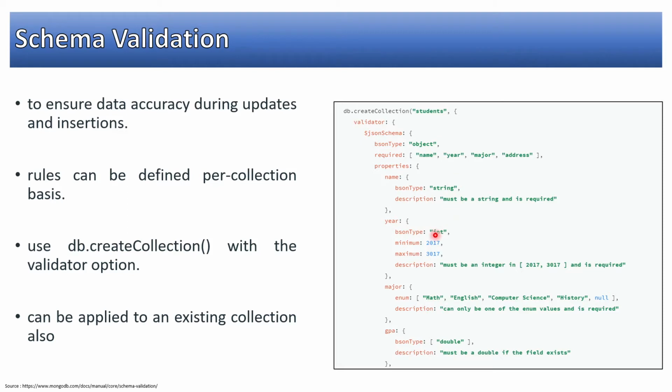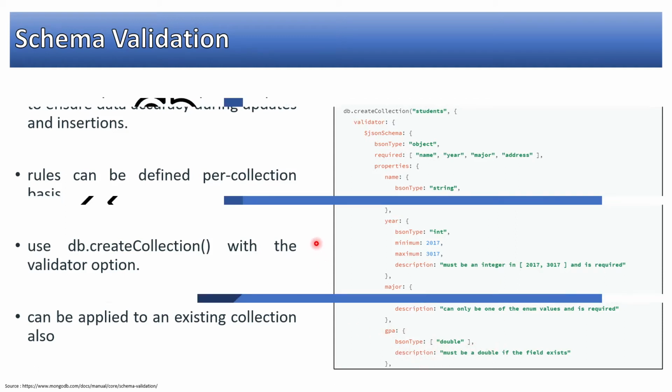Here I want it to be an int, with minimum value and maximum value, you can see that. So I am giving so many values here. And then major, I am talking about the enum part, so it will accept either four of these values or null. Then GPA double. So this way I can impose schema validation here.